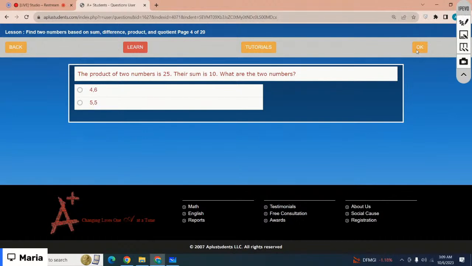So the correct option is 5 and 5, because 5 times 5 makes 25, and when you add them, they make 10.